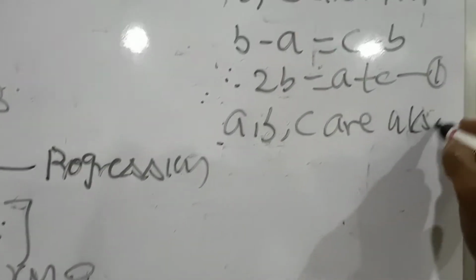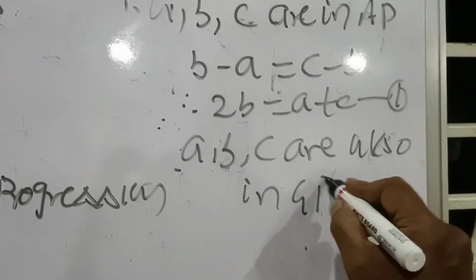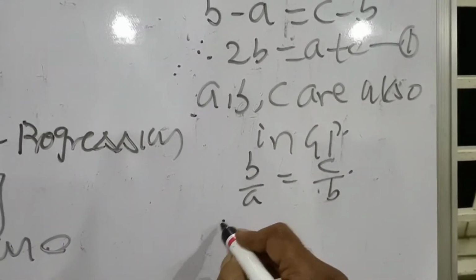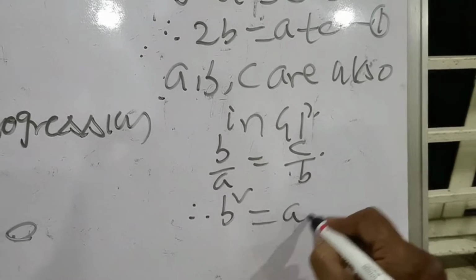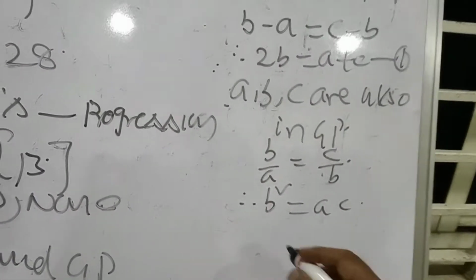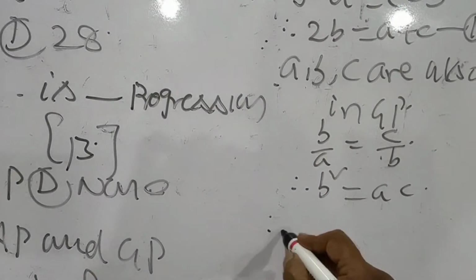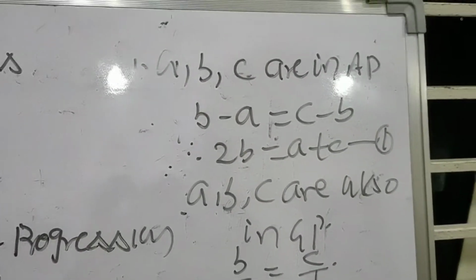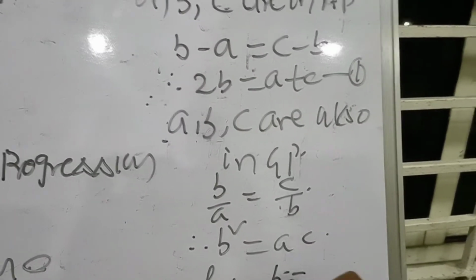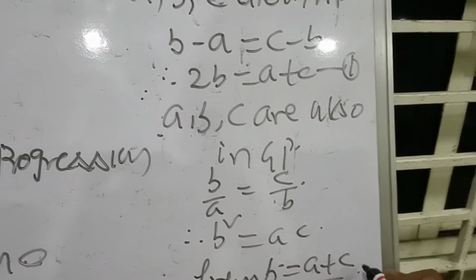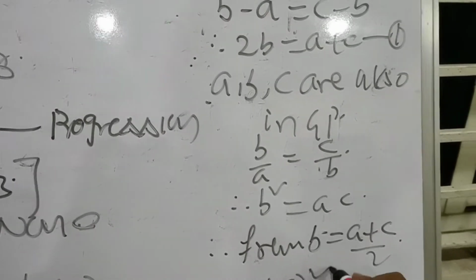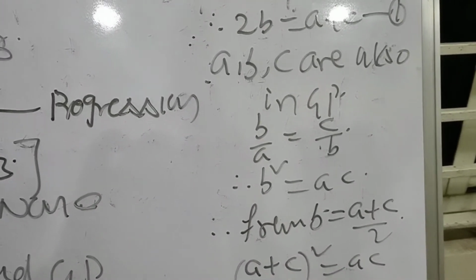How do you get the common ratio here? b by a is equal to c by b. So, b square is equal to ac. From the first equation, b is equal to a plus c by 2. From equation number 1, let us replace this b by a plus c by 2. a plus c by 2 whole square is equal to ac.